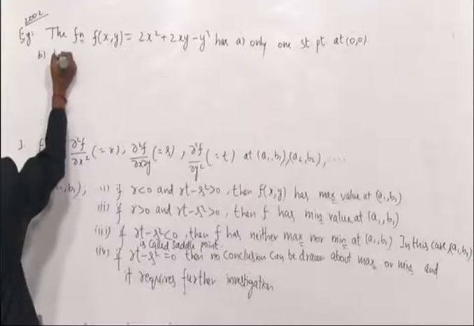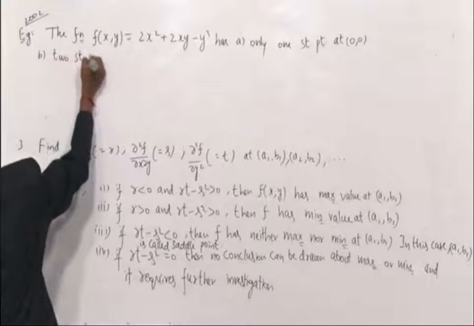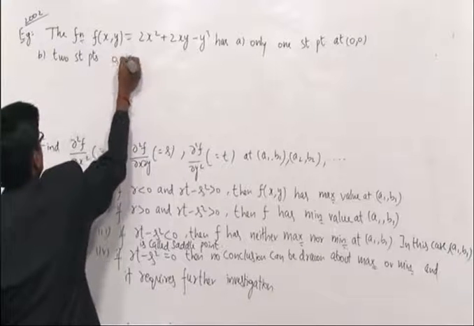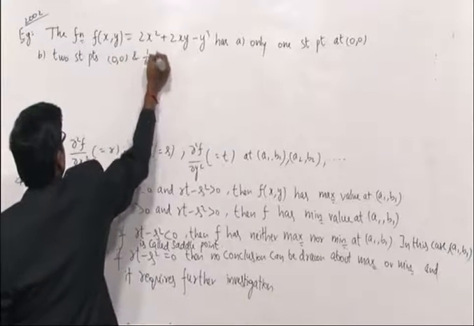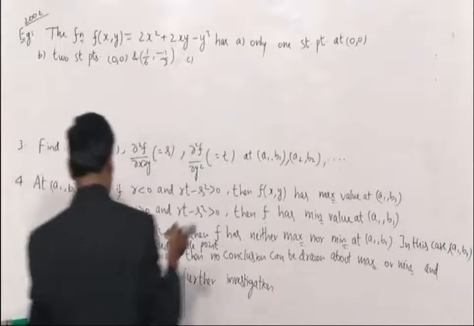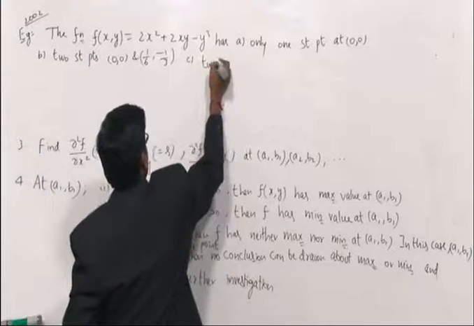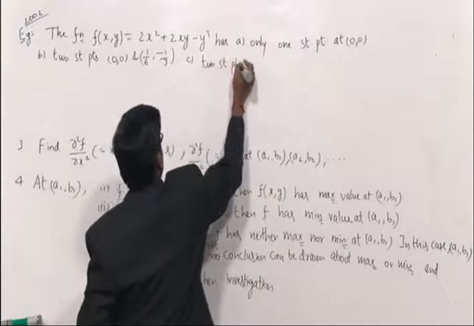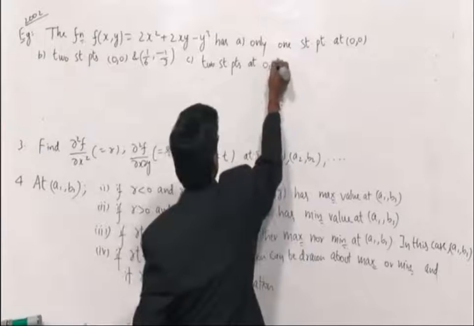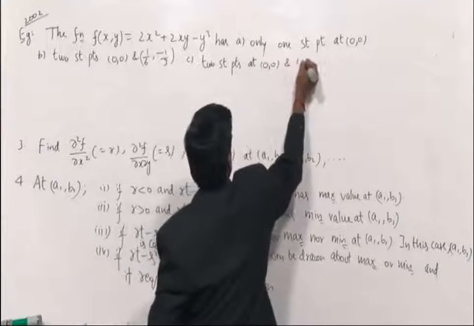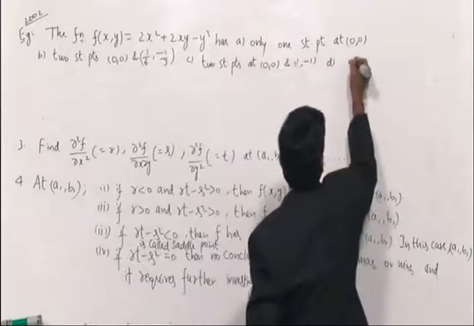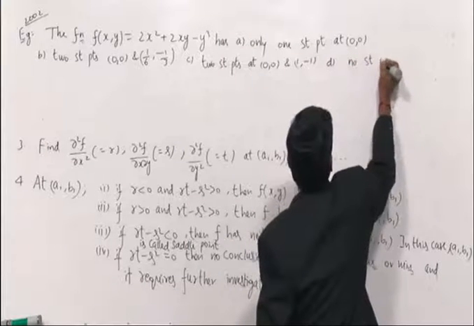Option B, two stationary points 0, 0 and 1 by 6, minus 1 by 3. Option C, two stationary points at 0, 0 and 1, minus 1. Option D, no stationary point.